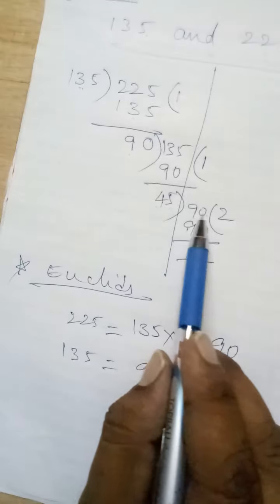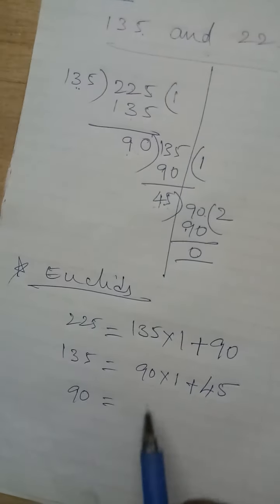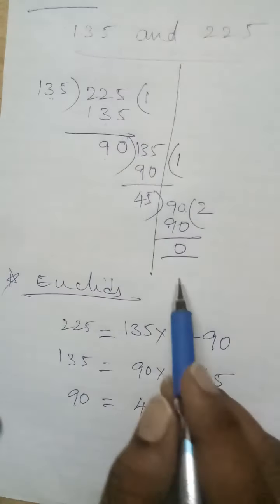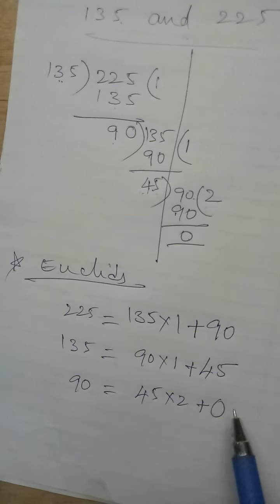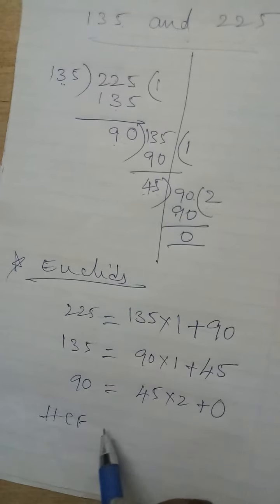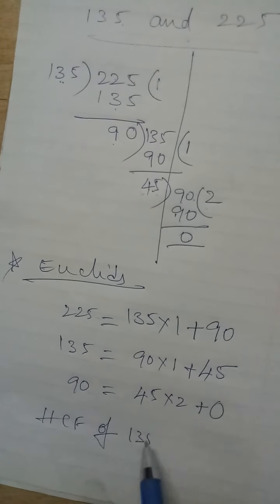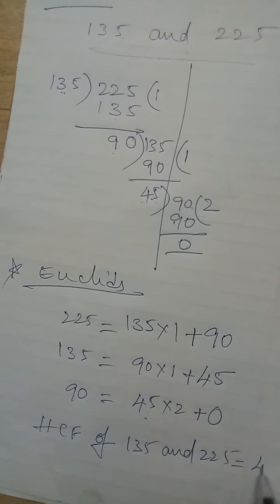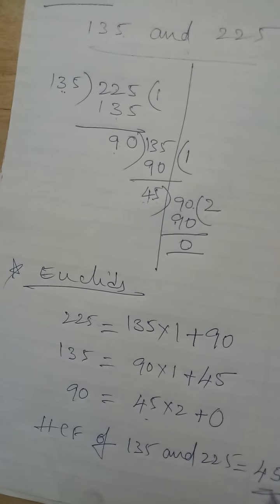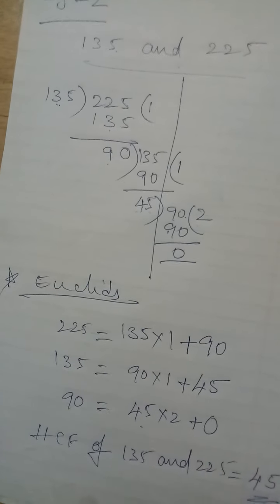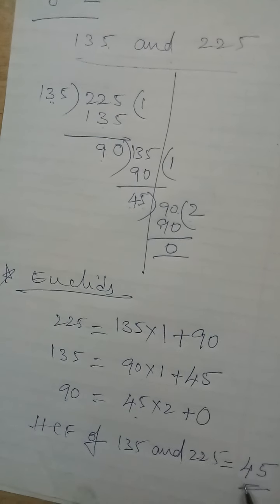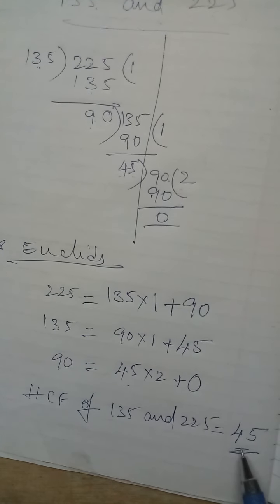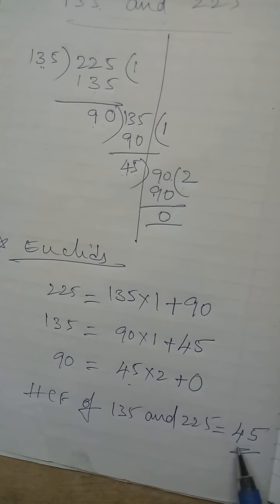In the third step, what is the dividend? 90 is equal to 45 into 2 plus remainder 0. Now it is completed. The HCF of 135 and 225 is 45.